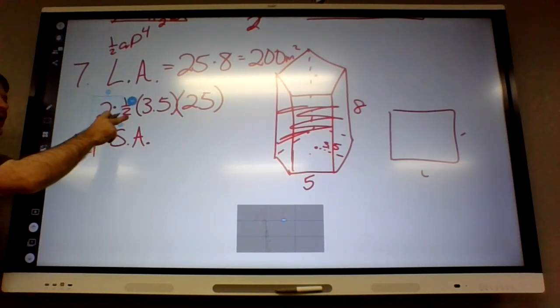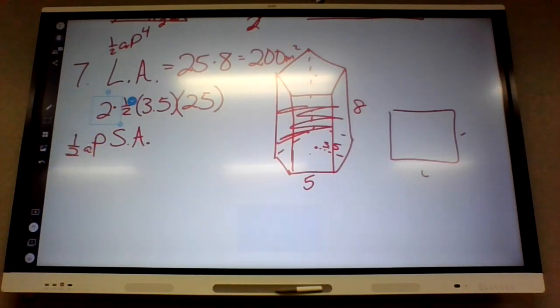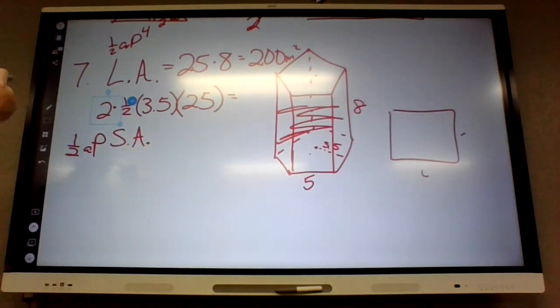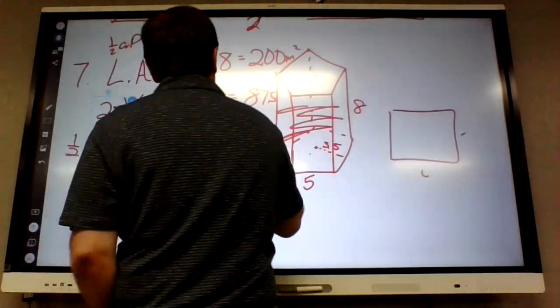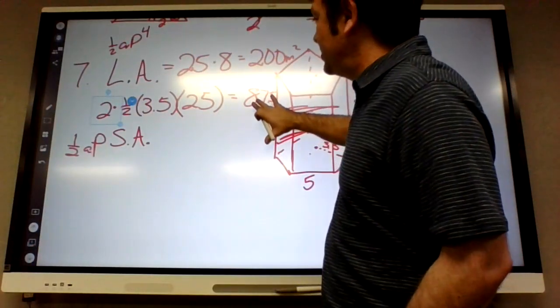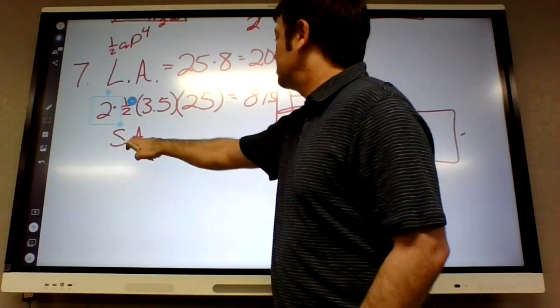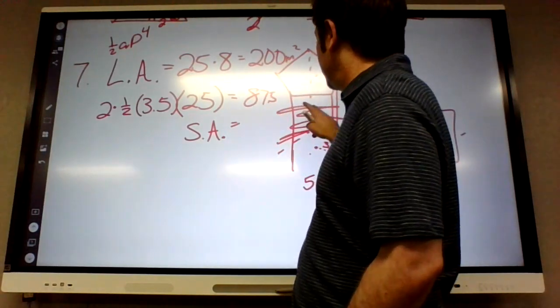2 times a half. Now, they kind of cancel out, but anyways, if we multiply that, I think it was like 87.5. That would be the area of the two bases. So I add the two base areas to the lateral area to get my total area.